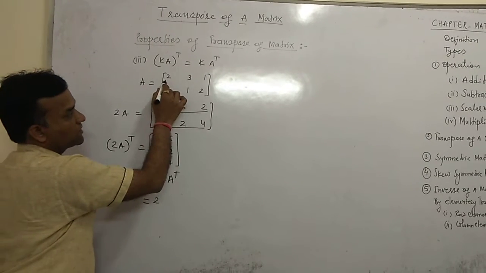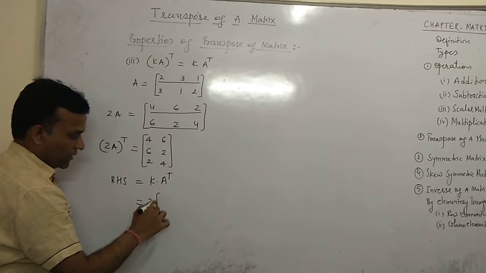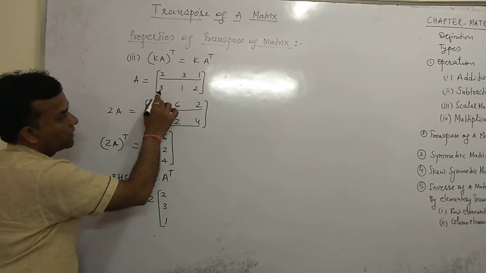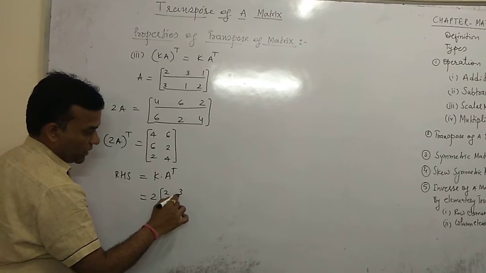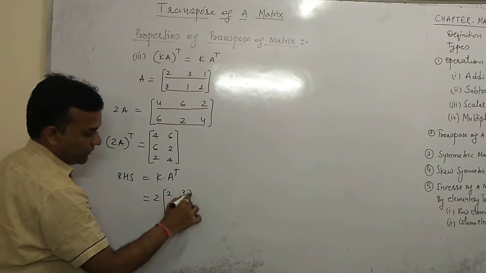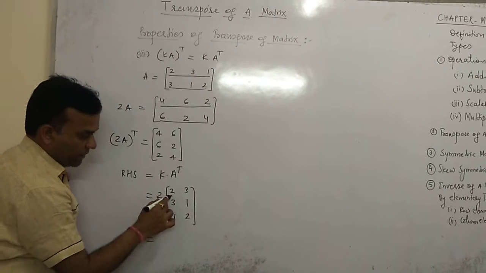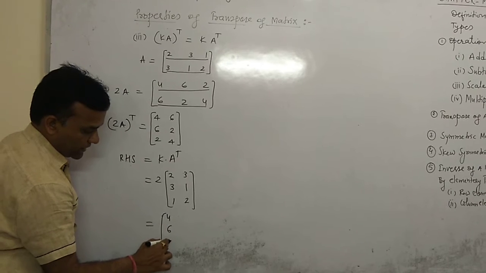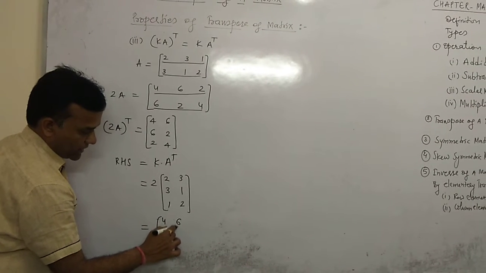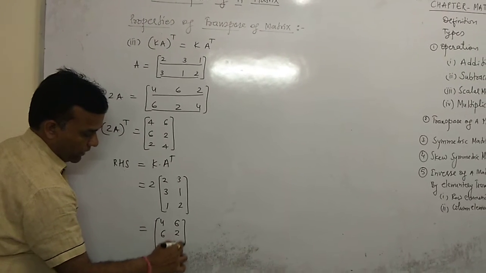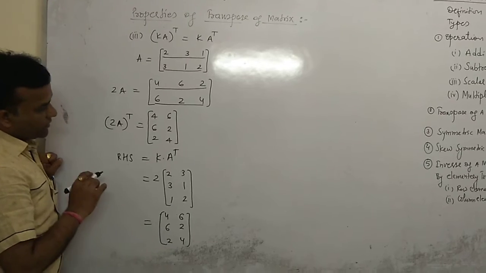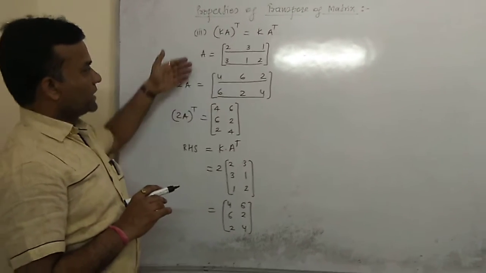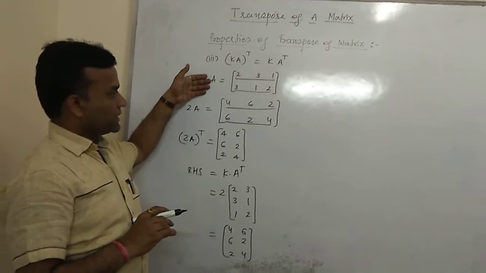A transpose means this 2 3 1 you convert into a column, and 3 1 2 you also add in a column. Then you multiply by 2 and get 4 6 2, 6 2 4. Then the RHS and LHS are both the same. So the third property is also proved with an example of any order of matrices.